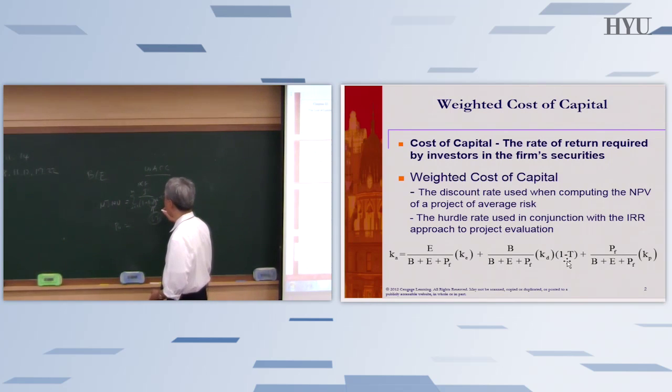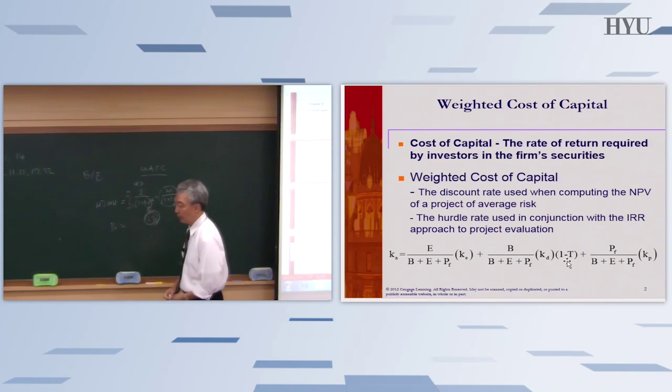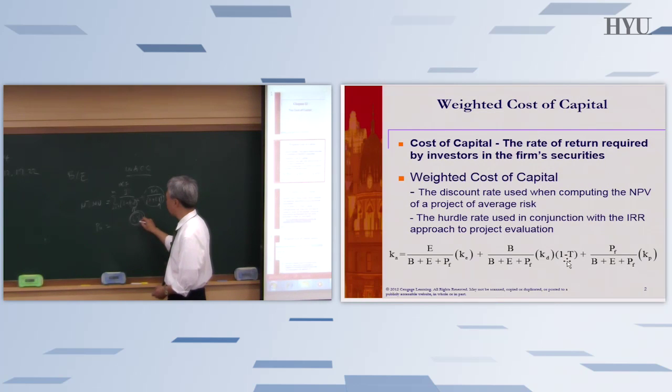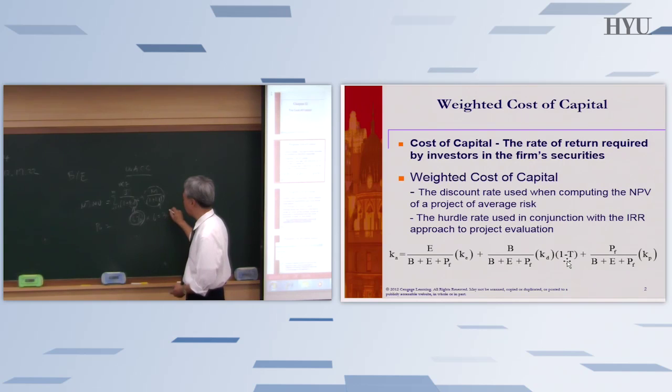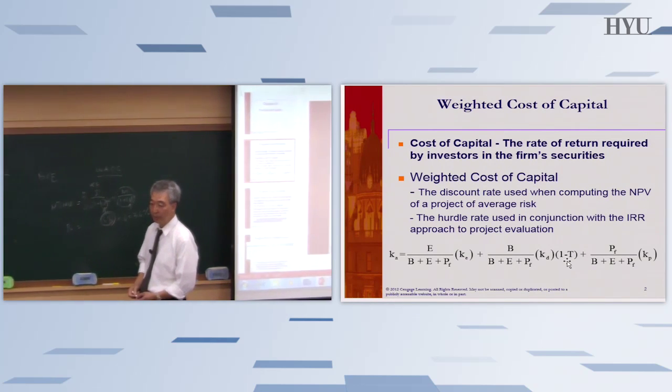If the cost of debt is 6%, the actual cost is 6 times 0.6, which is what, 3.6%, okay? Because you're saving money from tax deduction.